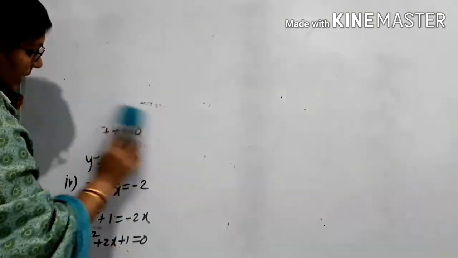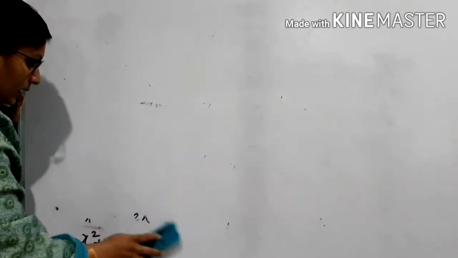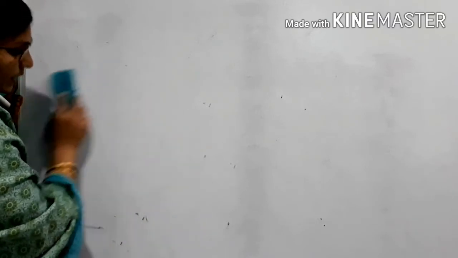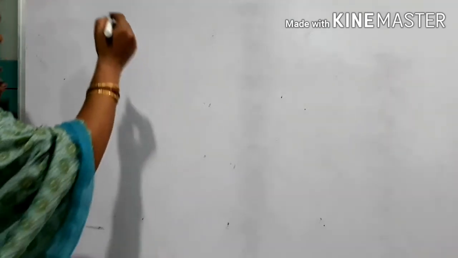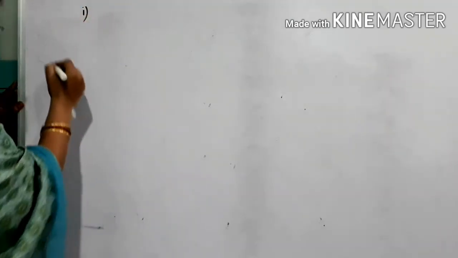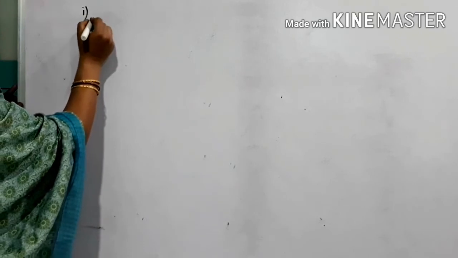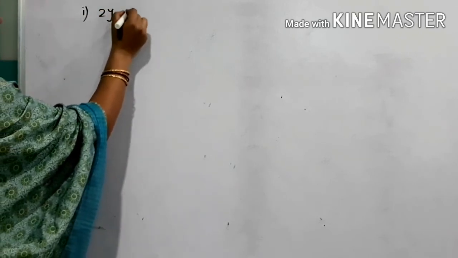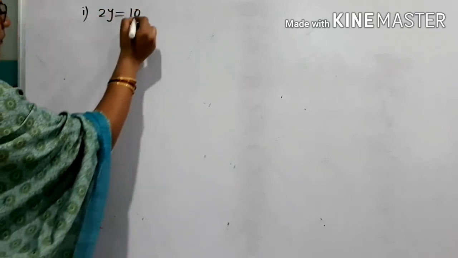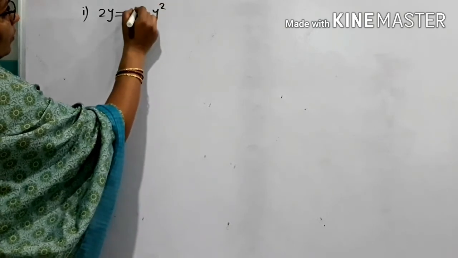Then our next question is, write the given equation in standard form and then find the values of a, b and c. I take some examples. There are 6 examples. Number 1, 2y equal to 10 minus y square.